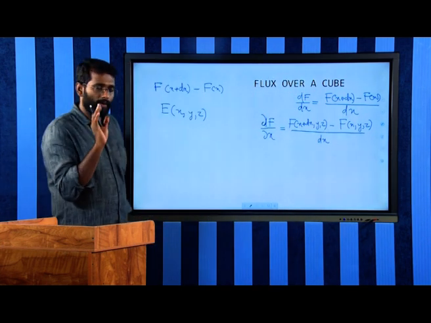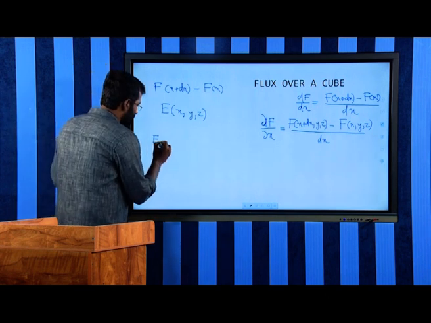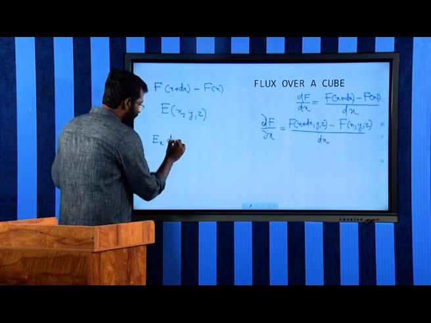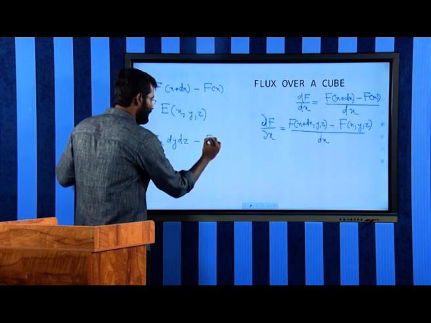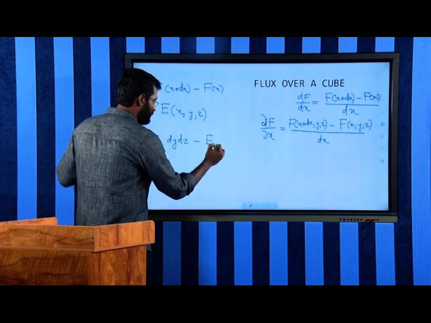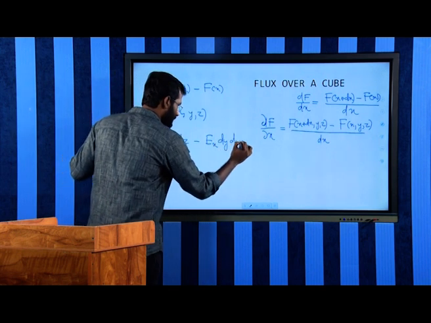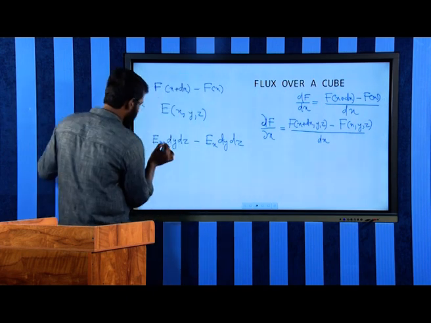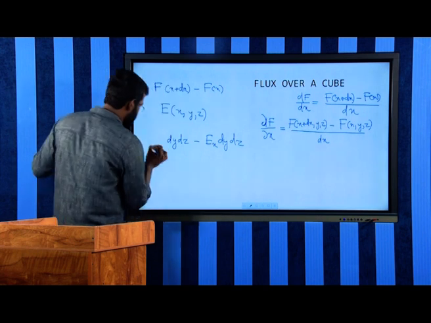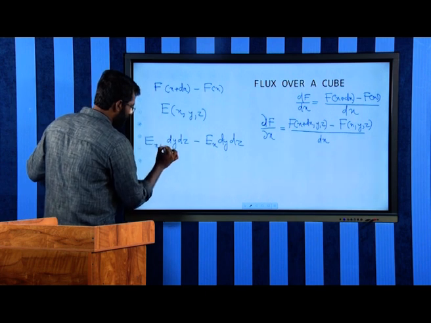Now let us go back to our old function. What we were evaluating is Ex into dy dz minus Ex into dx dy dz, but evaluated at x plus dx. Let me write it like this: E evaluated at x plus dx.